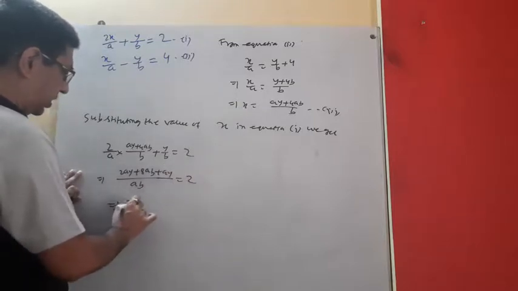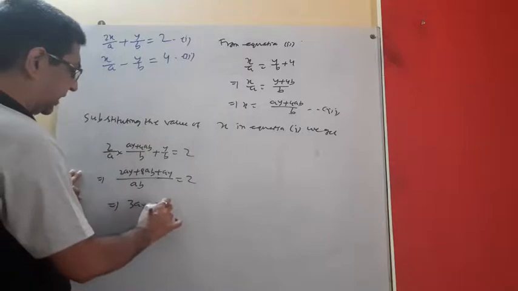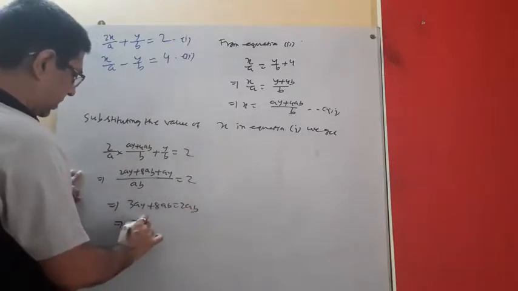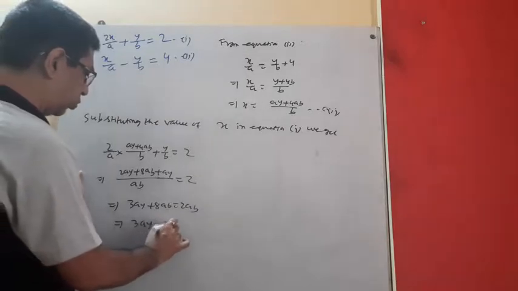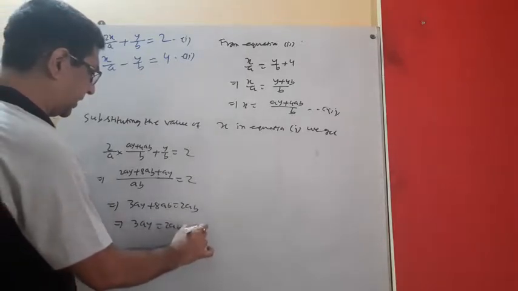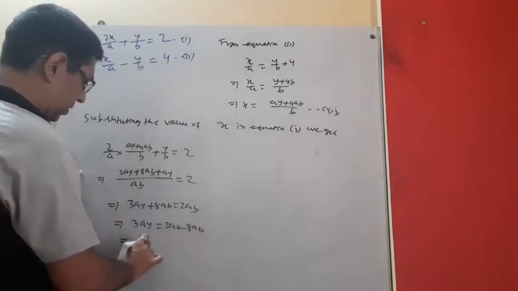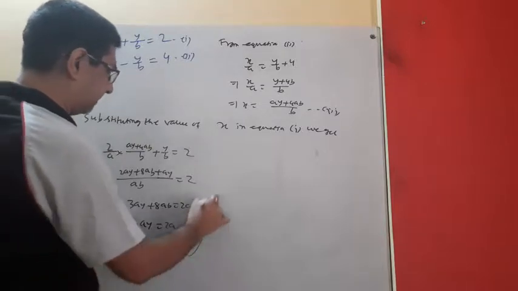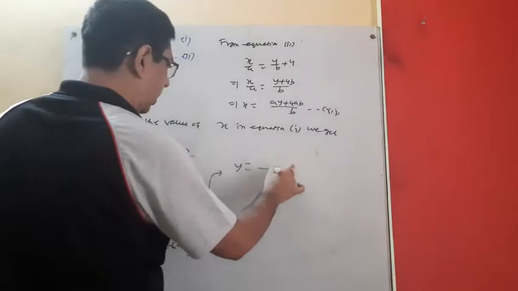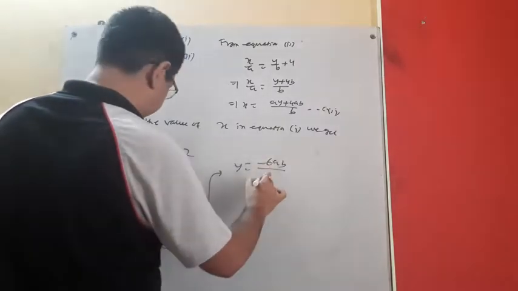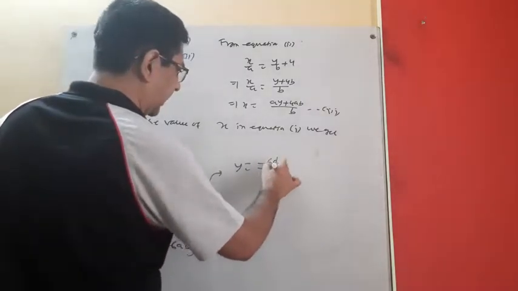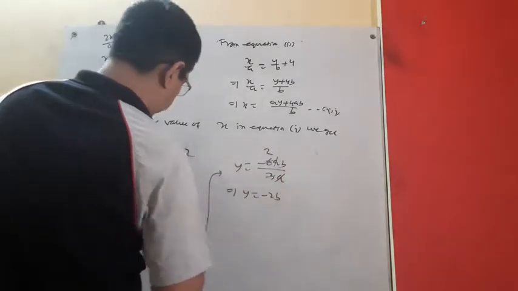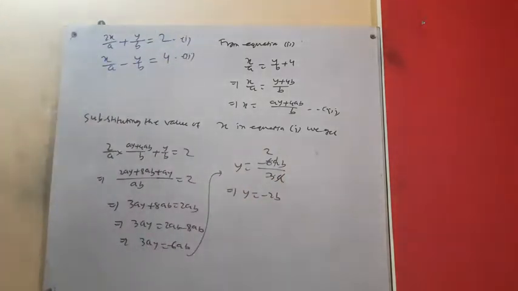That means 3ay plus 8ab equal to 2ab. 3ay equal to 2ab minus 8ab, or 3ay equal to minus 6ab, or y equal to minus 6ab by 3a. a cancel, 3 cancel. So y equal to minus 2b.